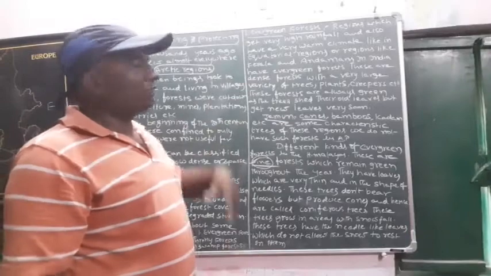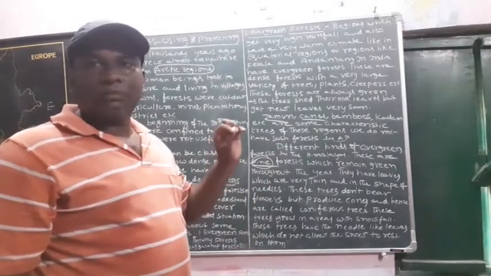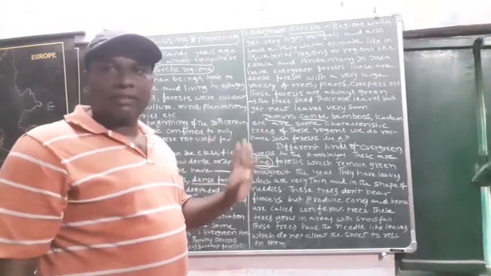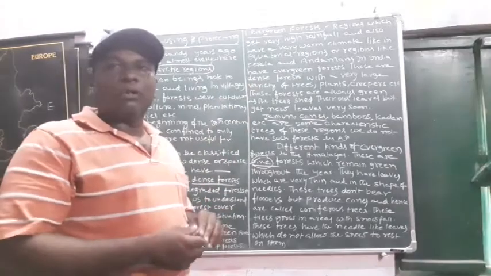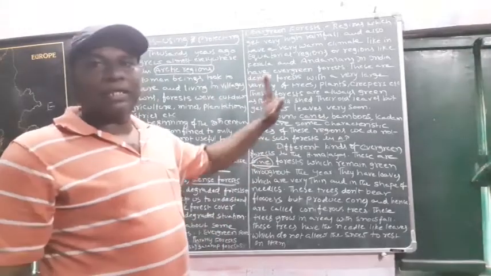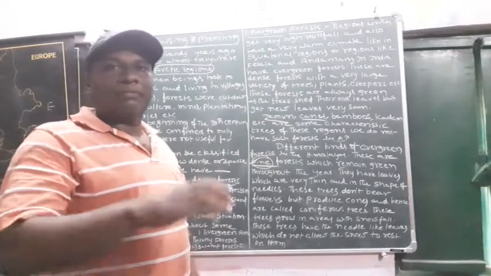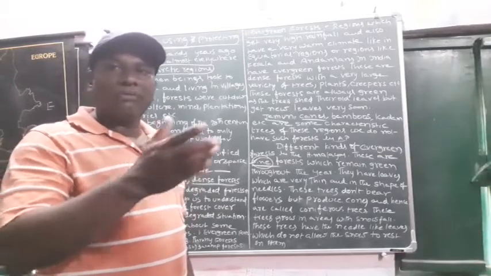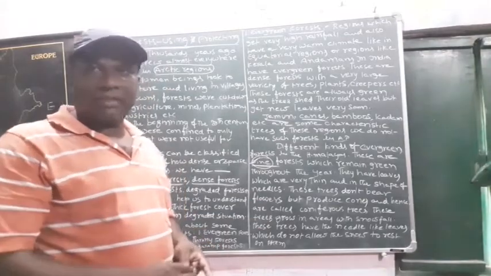Regarding evergreen forest, I explained clearly. In Andhra Pradesh, we are not able to see evergreen forest. In Andaman Nicobar Islands and Kerala, we can see evergreen forest throughout the year. We can see greenery in those areas. Even though trees shed their leaves, new leaves come immediately. That is the great feature of evergreen forest.